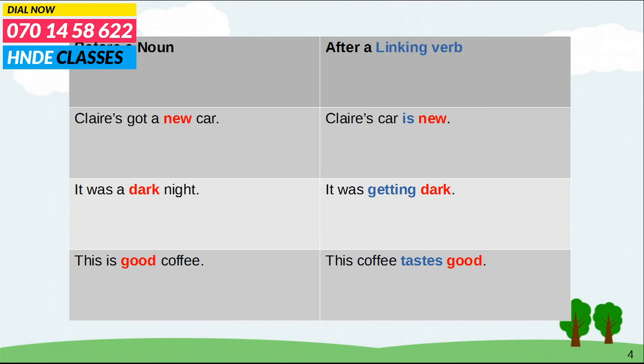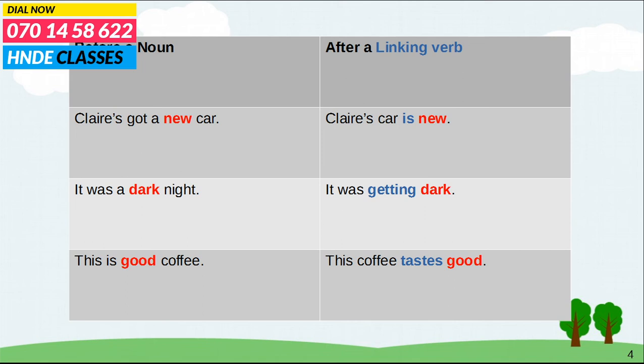It is good. So these are adjectives, and moreover they have degrees. You know the 3 degrees of adjective: positive, comparative, superlative: new, newer, newest; dark, darker, the darkest; good, better, best. In that sense also we can conclude that new, dark, good are adjectives.